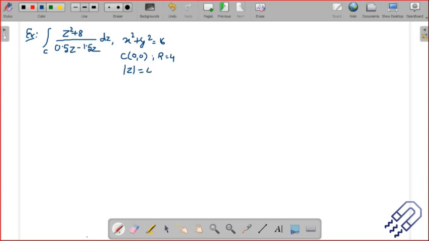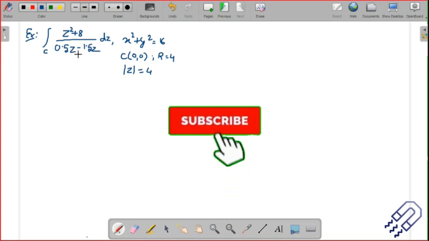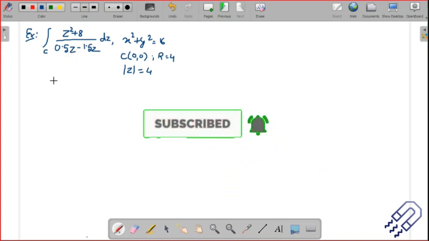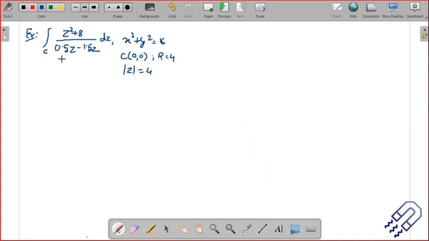Okay. And if we want to use the Cauchy integral theorem, we have to find a single numerator and denominator, which can be written as z minus a. So I have to divide by 0.5. What I can do is write 1 divided by 0.5, and then integrate this. Okay, this is z square plus 8, and then z minus 1.5 divided by 0.5.